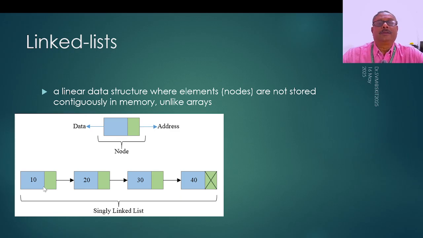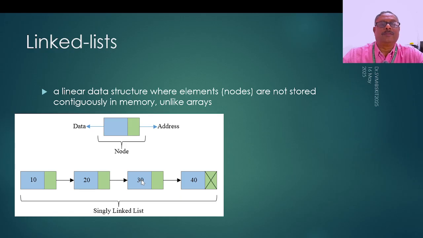This example shows how a linked list is used to save four data. The first node consists of data 10, and the address is graphically represented by an arrow saying that the next node is located here. Going to the next node, the data component says there is an element with value 20, and the address component shows where the next node is.